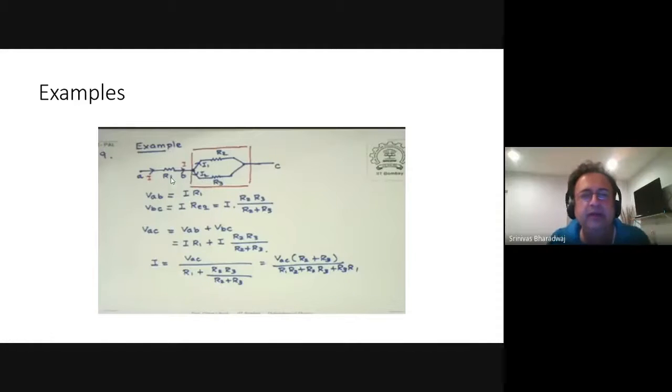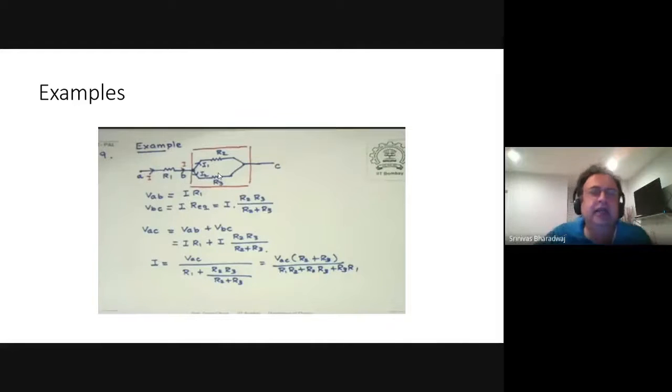So R1 plus REQ will be the effective resistance between A and C. And if you say I is the current, VAC equals R1 plus REQ times I. So VAC divided by R1 plus REQ will equal I. Okay, so that's how these examples are solved.